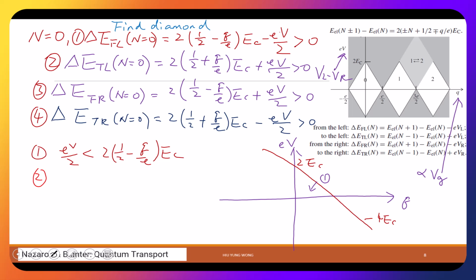It says EV, multiplying by 2 to the other side, needs to be larger than 4 times (1 over 2 plus Q over E) times EC. The slope is still 4 EC, but this time it is positive, and it intercepts at, again, 2 EC. It must be this curve. This is 2. No, I think I'm wrong.